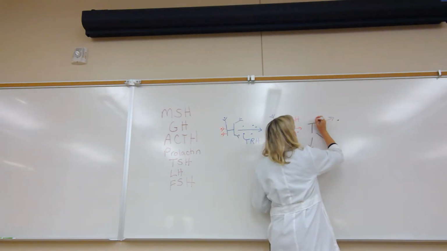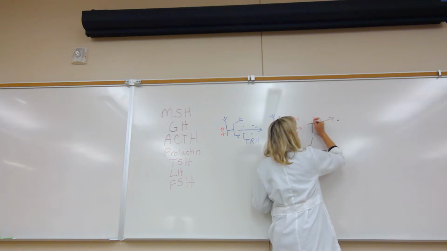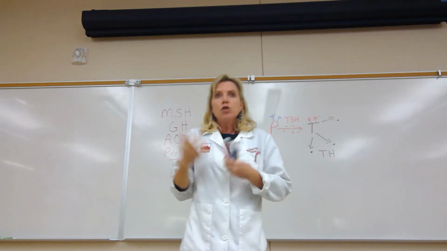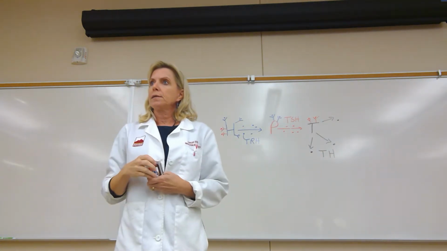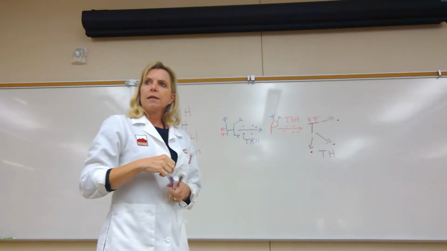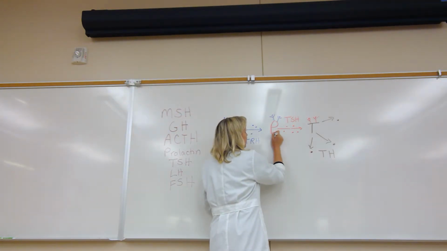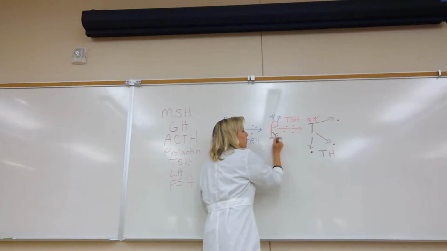The thyroid gland has receptors for TSH. That's how the thyroid gland knows it got a command, and it needs to release thyroid hormone. The pituitary has receptors for thyroid hormone.